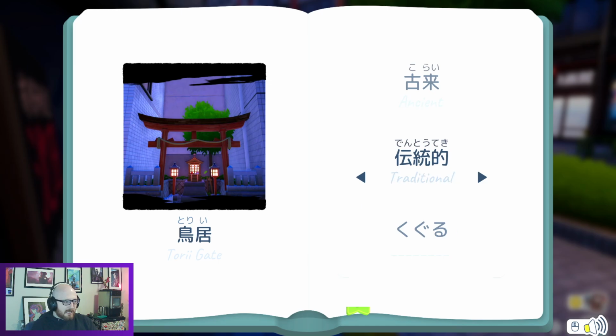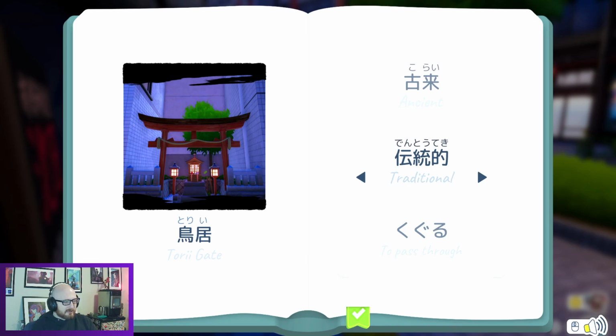So let's see what we have here. We have traditional, and then we have to pass through. Okay, because torii gates are traditionally a spot where you can pass through into the spirit realm. So that's kind of a neat combination that we got there for that little sentence. But let's listen to these again. Korai, which we've gotten before. Dentoteki.